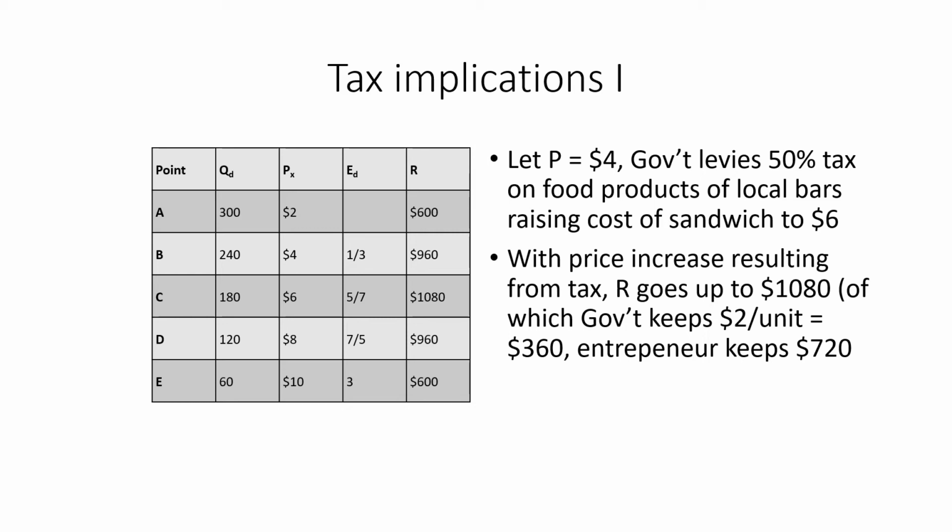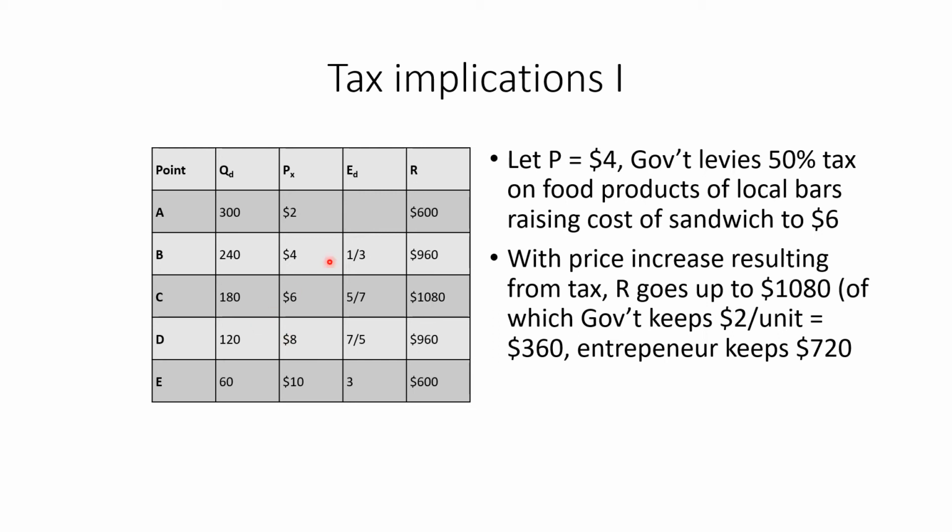The point I previously made, whether or not a price increase results in a revenue increase, depends on where on the line we have that price increase. If we increase price from $2 to $4, we're actually going to increase revenue. If we increase price from $4 to $6, we increase revenue. But if we increase price from $6 to $8, revenue drops. This is because the line becomes elastic at that point.